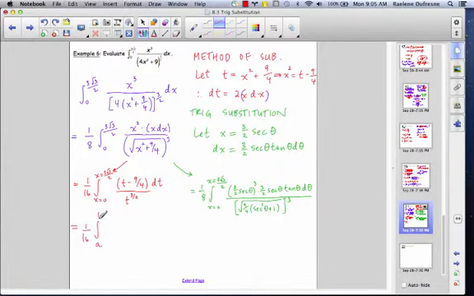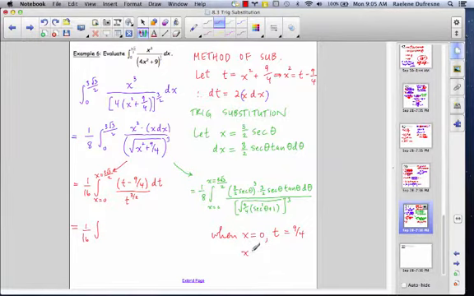and I'm going to go back and change this expression in terms of x because I don't want right now. Actually, it might not be so hard. Let's change the bounds to t bounds, since I've committed to using one method over the other. So when x is equal to 0, t is going to equal 0 squared plus 9 over 4, which is 9 over 4.